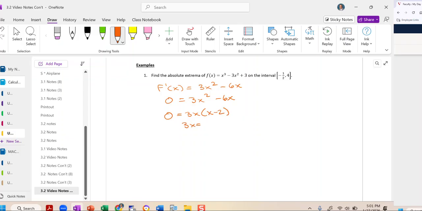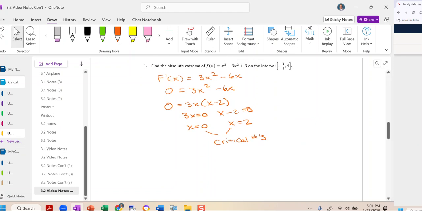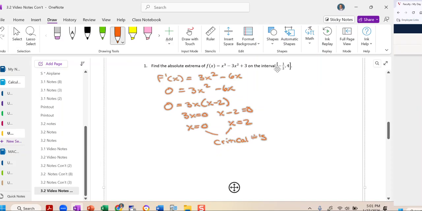So we get 3x equals 0 and x minus 2 equals 0. These are what are called the critical numbers. To find the max and minimum value, we're going to put these critical numbers and the endpoints of the interval into the original function.